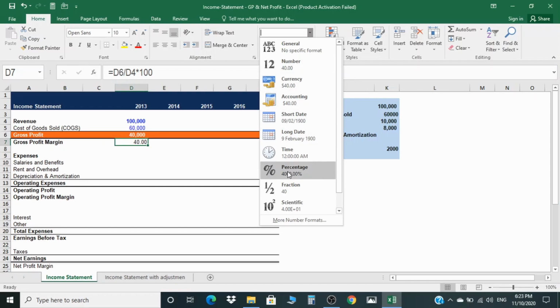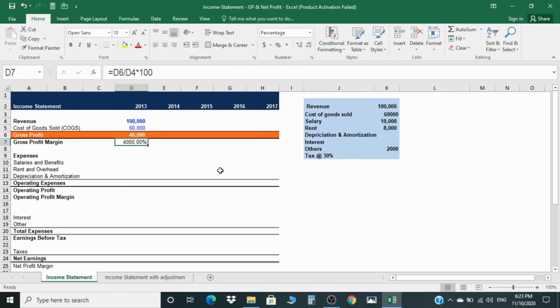So actually it's a percentage, right? So this is not good, that's wrong, really wrong. Oh, it's already a percentage there, right? So if you put revenue down there, you will get 40%, right?